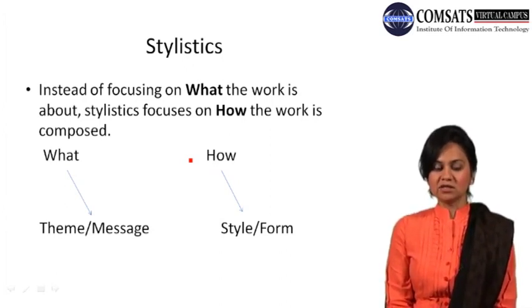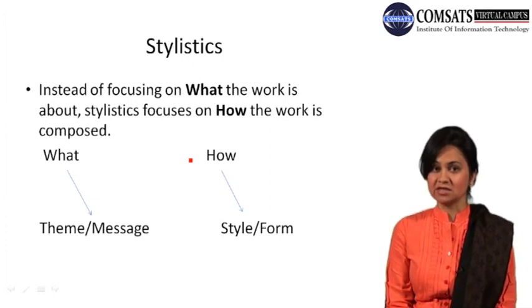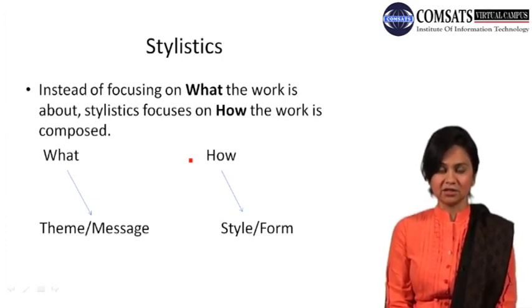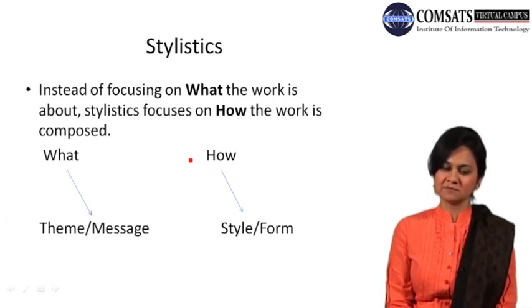Now, what and how of a text mean: what is the message of a text, the theme of the text, the ideas that the text contains, and how is the style, the form, the language that has been employed in a particular way to convey those messages or those themes.